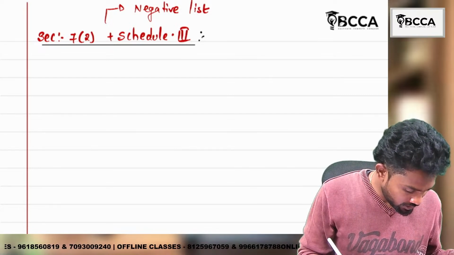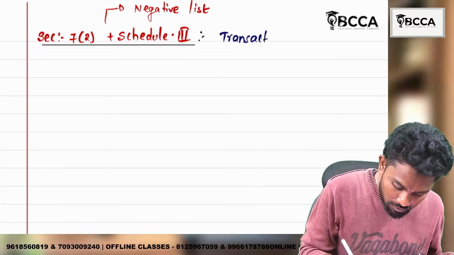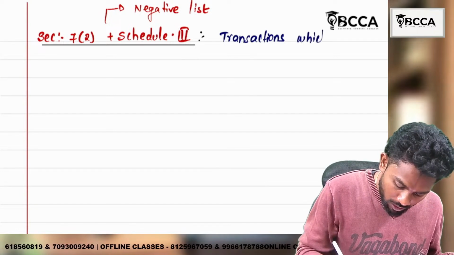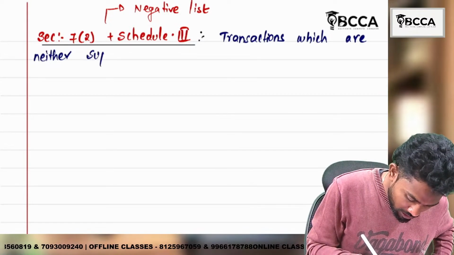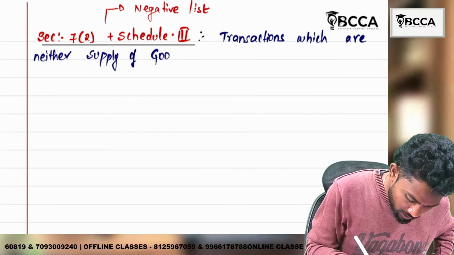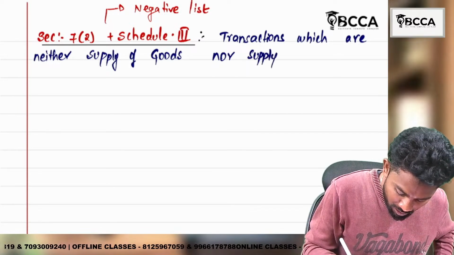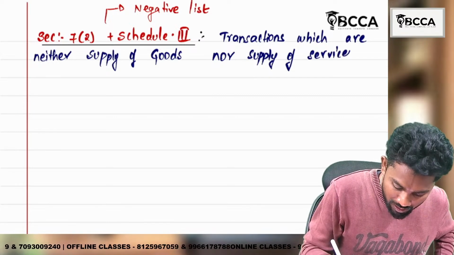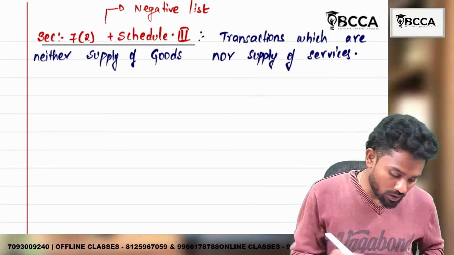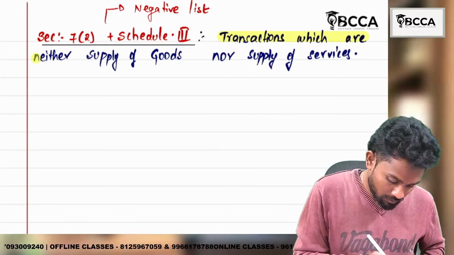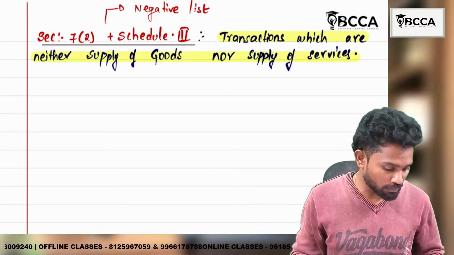Here it covers the transactions which are treated as neither supply of goods nor supply of services.